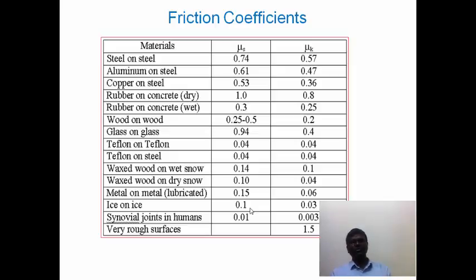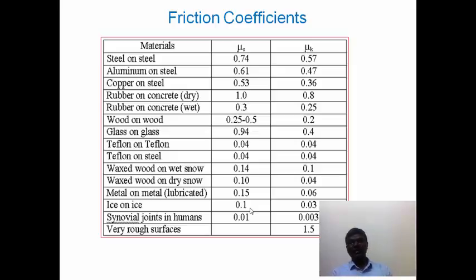Various materials are listed here with their friction coefficients. If you look at the synovial joints, the human joints basically have a very low coefficient of friction. And Teflon on Teflon, you see rubber on concrete, which in a wet condition is 0.3, and in a dry condition is 1.01.